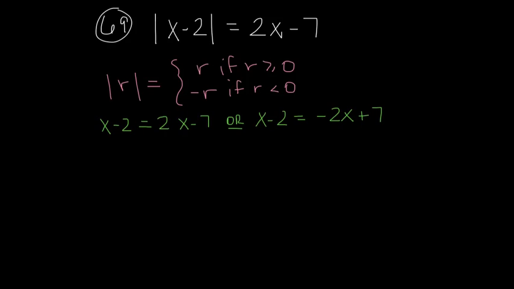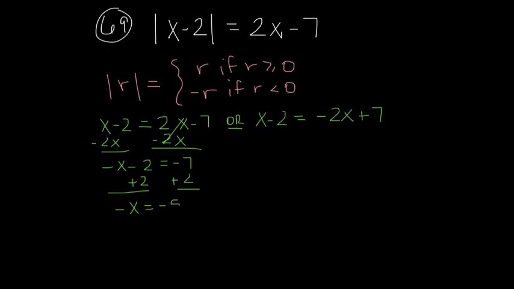If I solve both of these equations then, I can subtract the 2x. That gives me negative 1x minus 2 equals, my 2x's cancel, negative 7. Add my 2 to both sides. I get that the opposite of x is equal to negative 5. Divide by negative 1, which tells me that x is equal to 5.